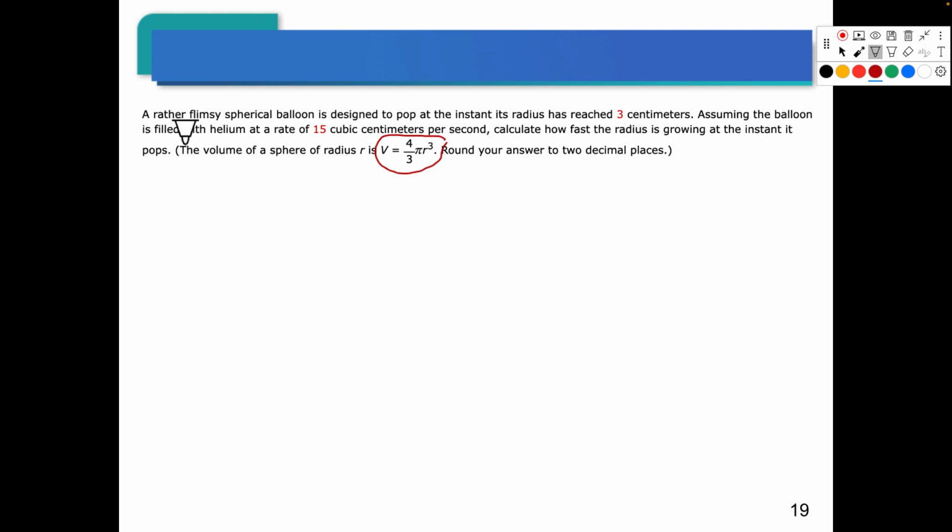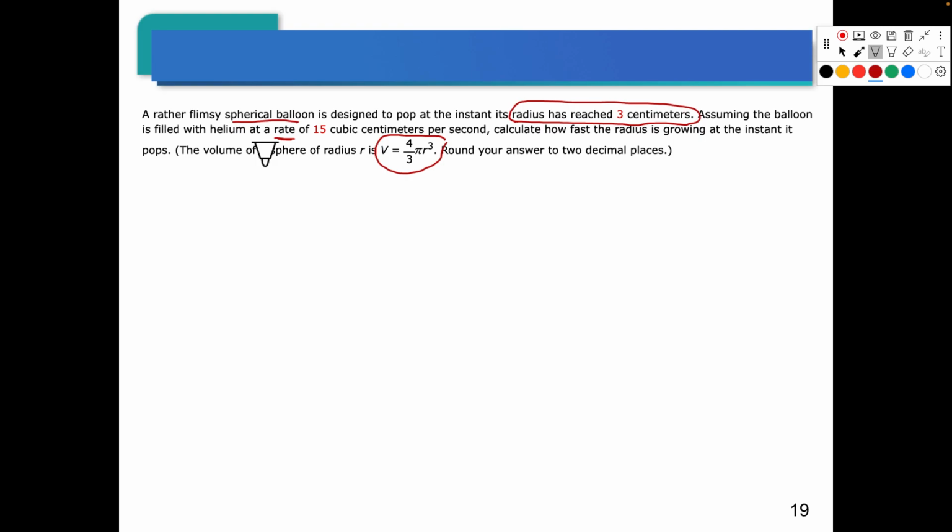Okay, so we've got a rather flimsy spherical balloon that is designed to pop at the instant its radius has reached 3 centimeters. So that looks like a number that might be important. We'll circle that. And that's not a rate, right? It's a radius. It's an amount. Assuming the balloon is filled with helium at a rate, so if we see the word rate, what do we have?